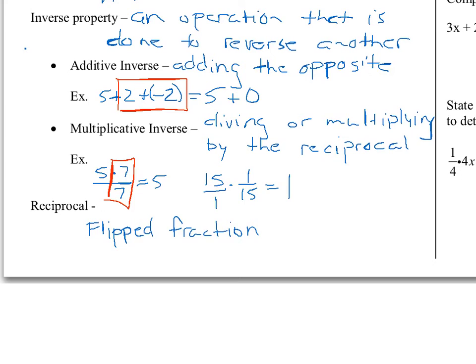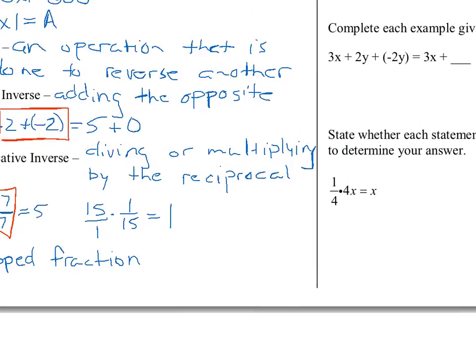That's the multiplicative identity element. When we did 15 times 1/15, its reciprocal, we got 1. That's the multiplicative identity element. So when we do inverse operations, it leads to an identity property. Okay? That's how we use it every day in our work.